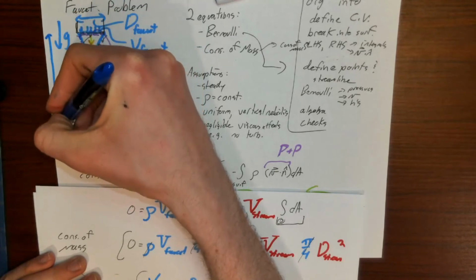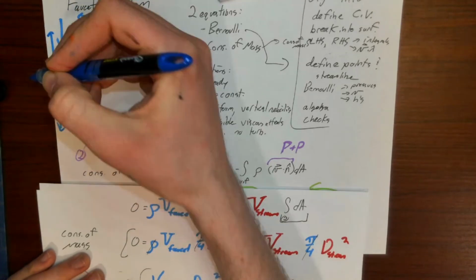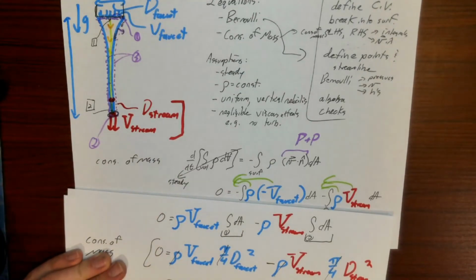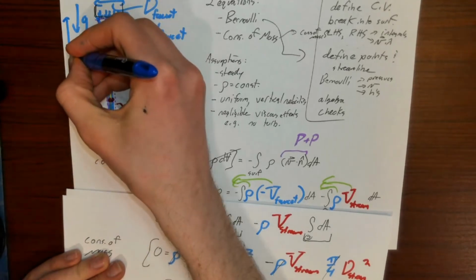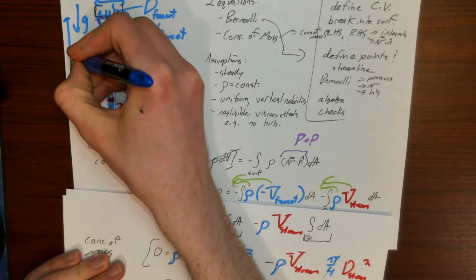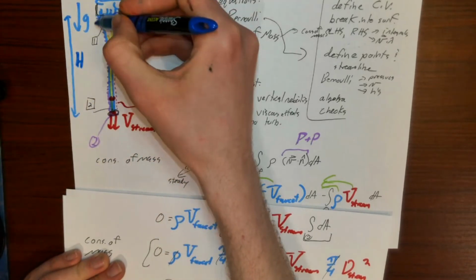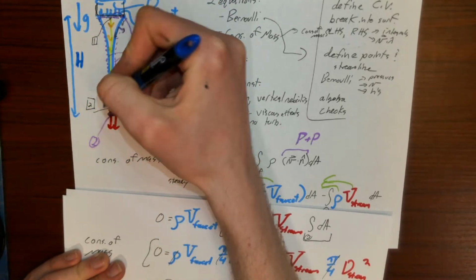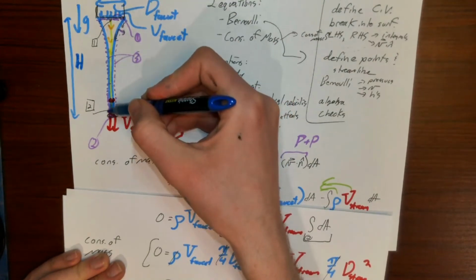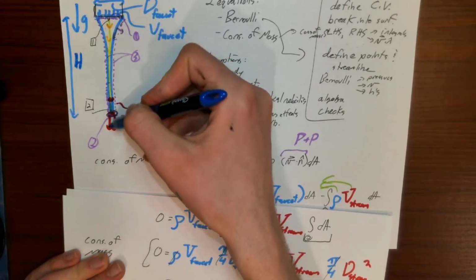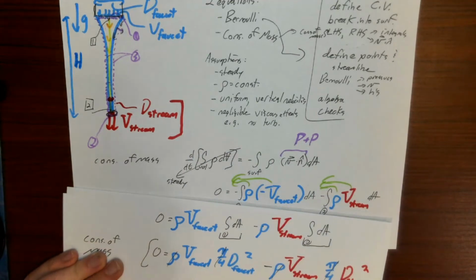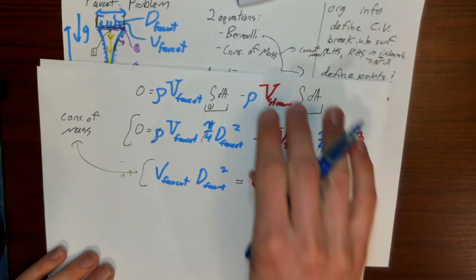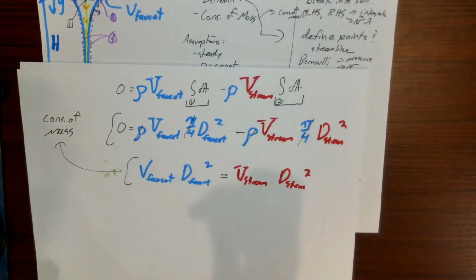So one additional piece of information that I'm saying is a known or a given in this problem is, let's call it capital H, which is the distance between the faucet and the point down from the faucet that I'm choosing to analyze diameter and velocity. All right, so we have this information.